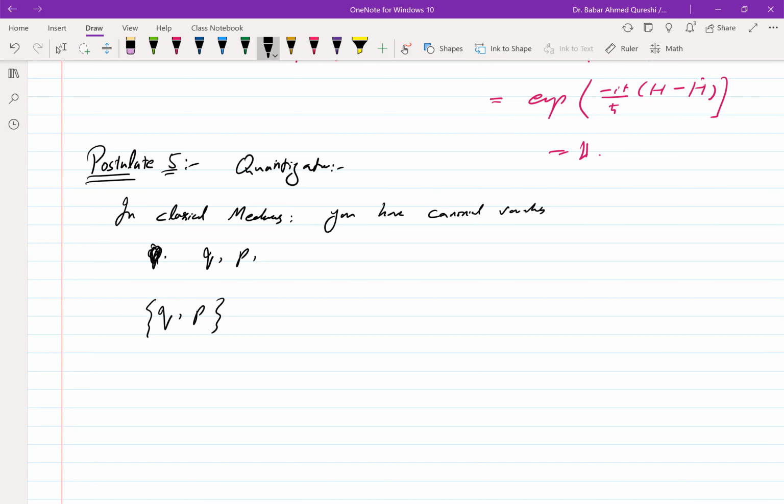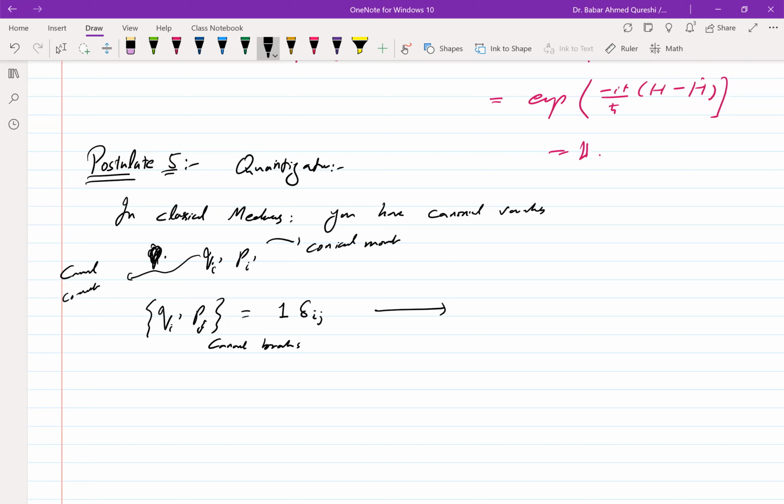Then they are called the canonical brackets. Canonical bracket of Q and P. This is called the canonical coordinate. This is canonical momentum. Well, there are usually many of them. And you get something like this for the canonical bracket.